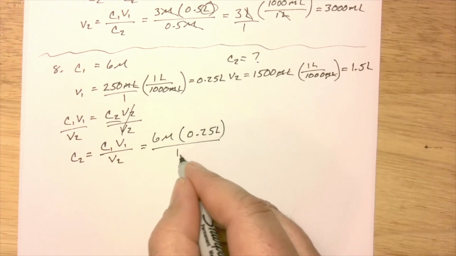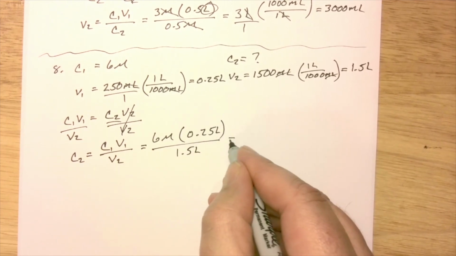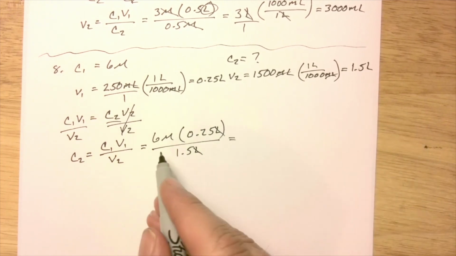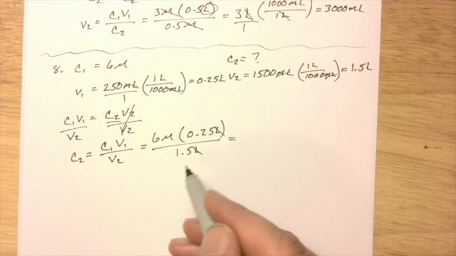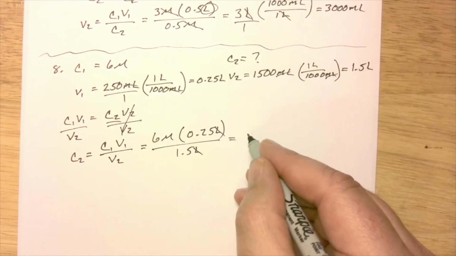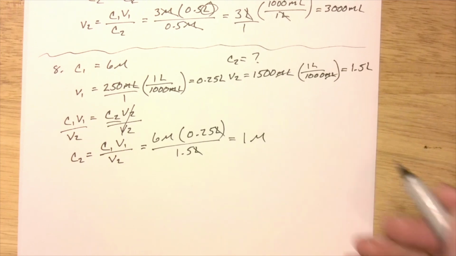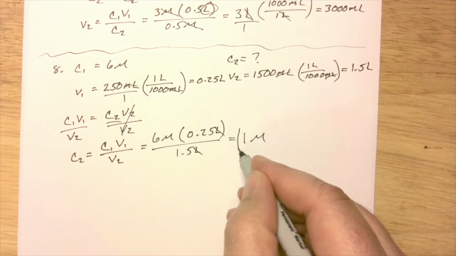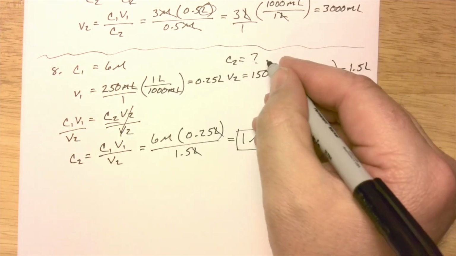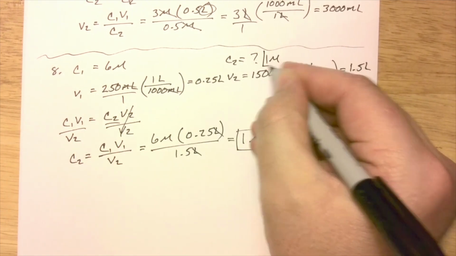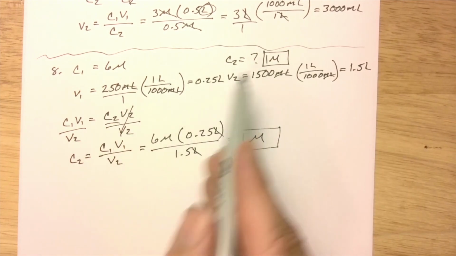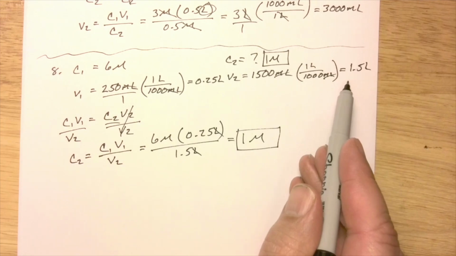V2 is 1.5 liters. You notice liters will cancel out. So 6 times 0.25 divided by 1.5 comes out to be a 1 molar concentration. All right, so the concentration of this would be 1 molar. Again, if you notice, the concentration should go down, and the volume should go up.